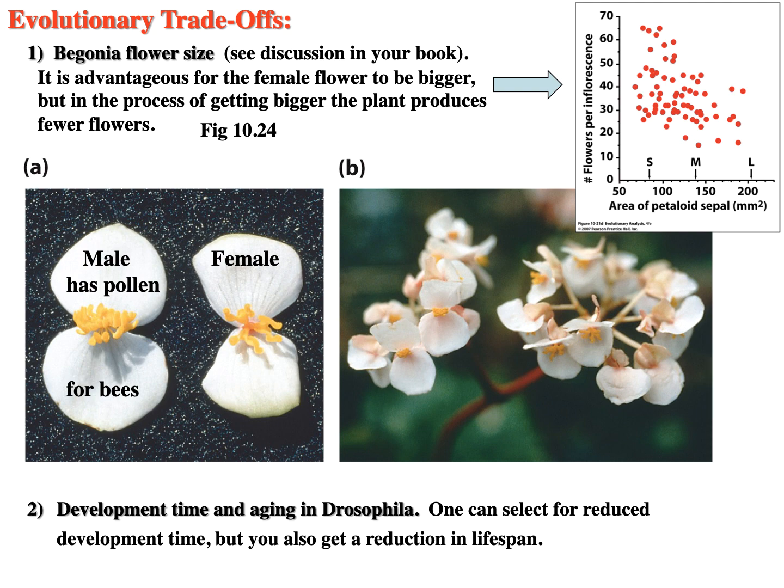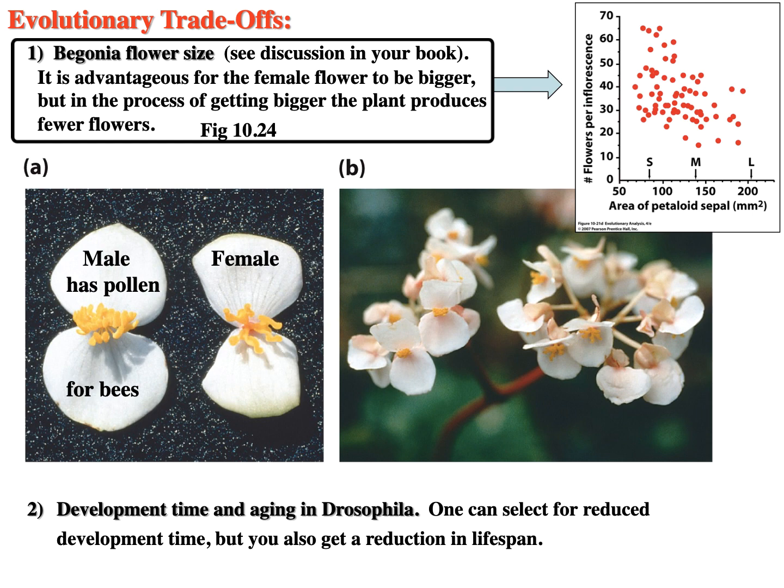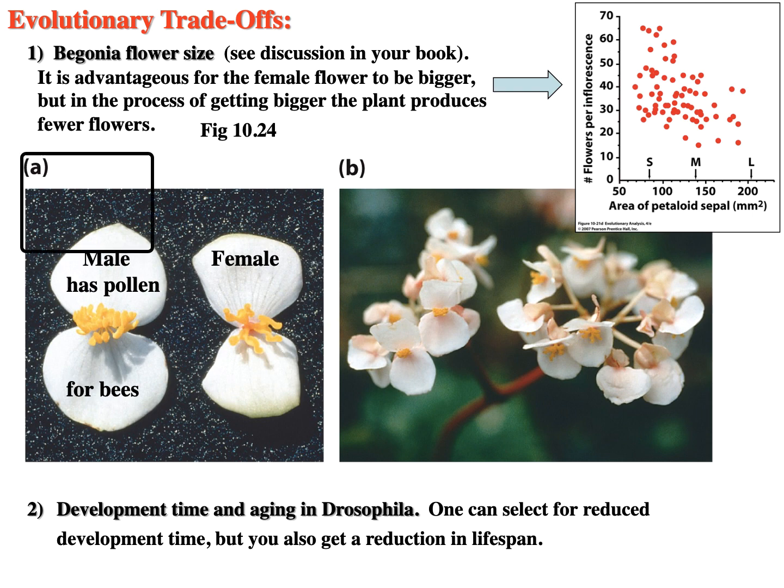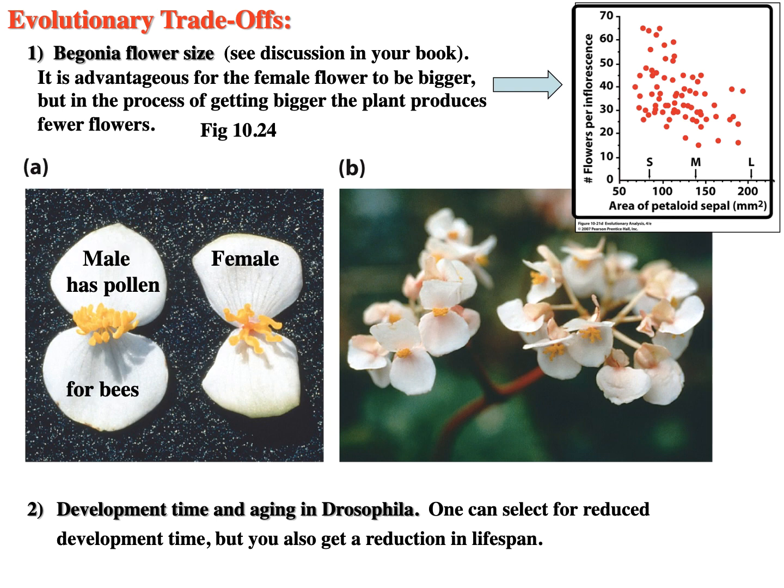And then these are examples of some evolutionary trade-offs. In begonia flowers, the female flower can be larger and actually attracts more pollinators. However, as it produces larger and larger flowers, it actually produces fewer flowers.